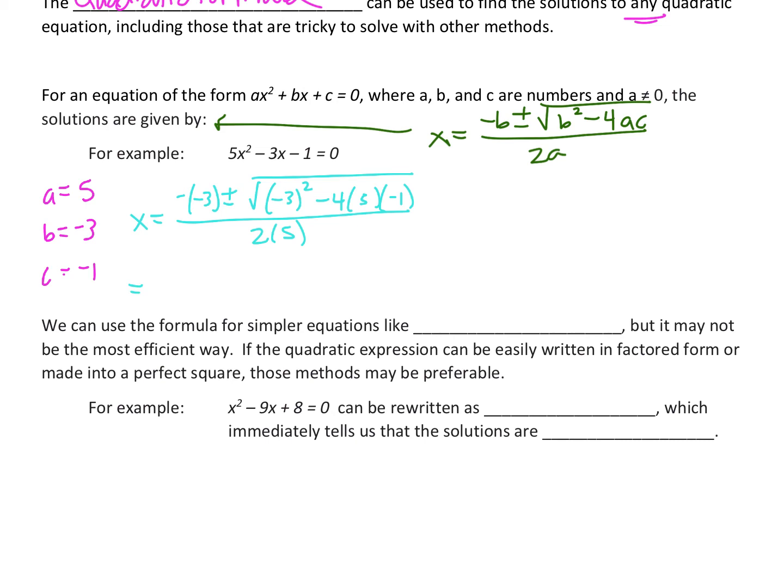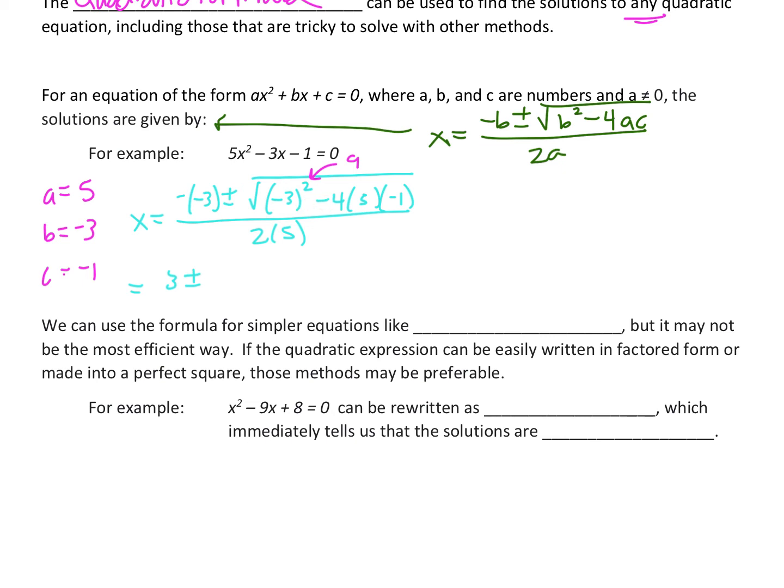All right, when we simplify this, that negative 3 turns positive, so it's 3 plus or minus. And then I do like to figure out what the number underneath the square root will be. Negative 3 squared is a positive 9. You're always going to get a positive number when you square whatever that is. So now it's going to be 9. Then I look at the next three numbers.